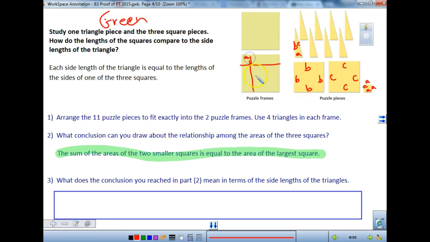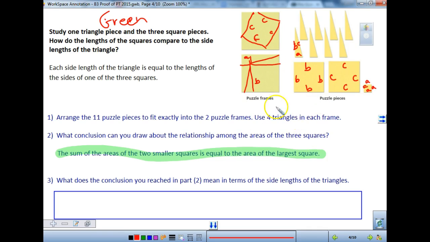So this is my A, this is my B, and then I might have two triangles like this. In the bigger square, I might have something that goes like this. My drawing isn't going to be great, but in each of these I should have 4 triangles, and this is the side C. So this is kind of what yours should look like.